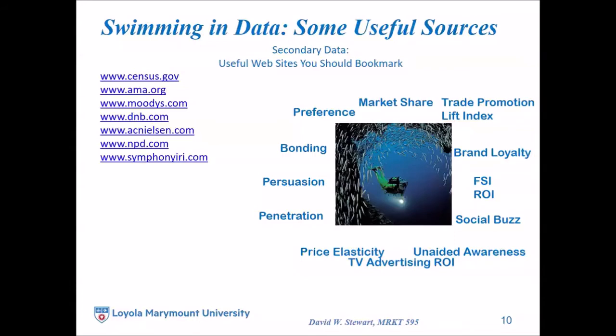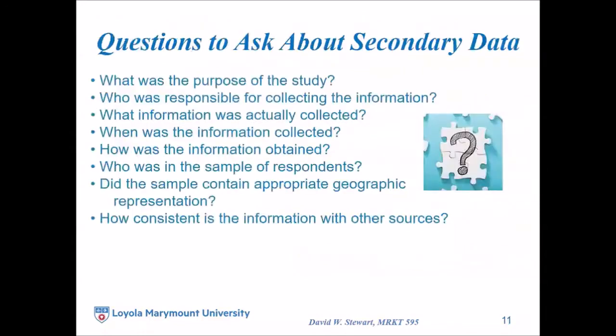So it's a set of terms that have been vetted by professionals, so this is what they actually mean. Moody's provides information about companies. D&B provides information about companies. AC Nielsen, NPD, Symphony all provide data about sales, advertising, pricing, and so forth. So lots and lots of data available to you.